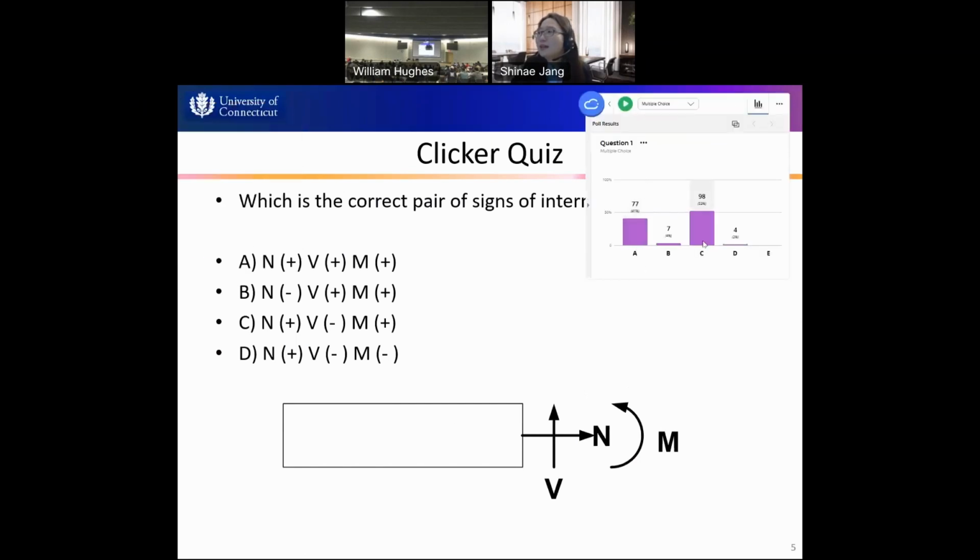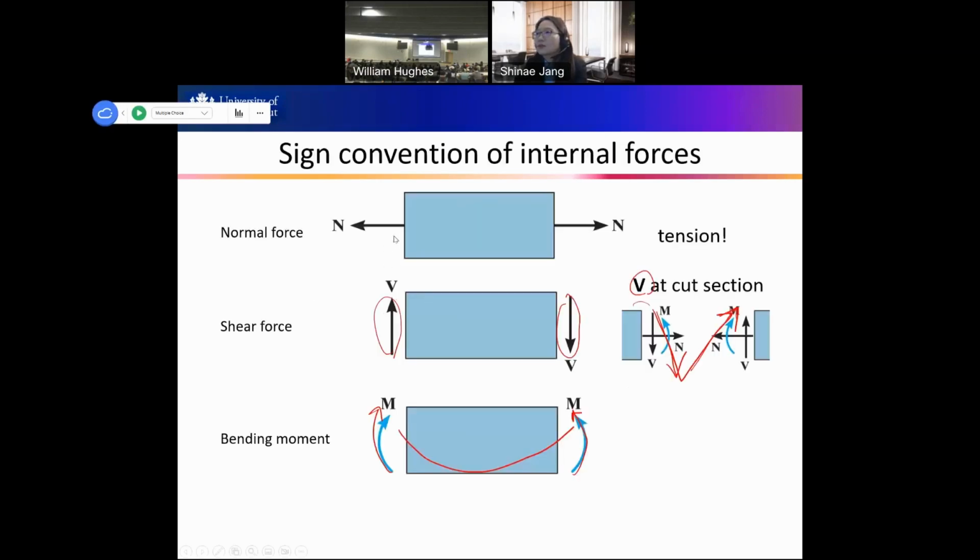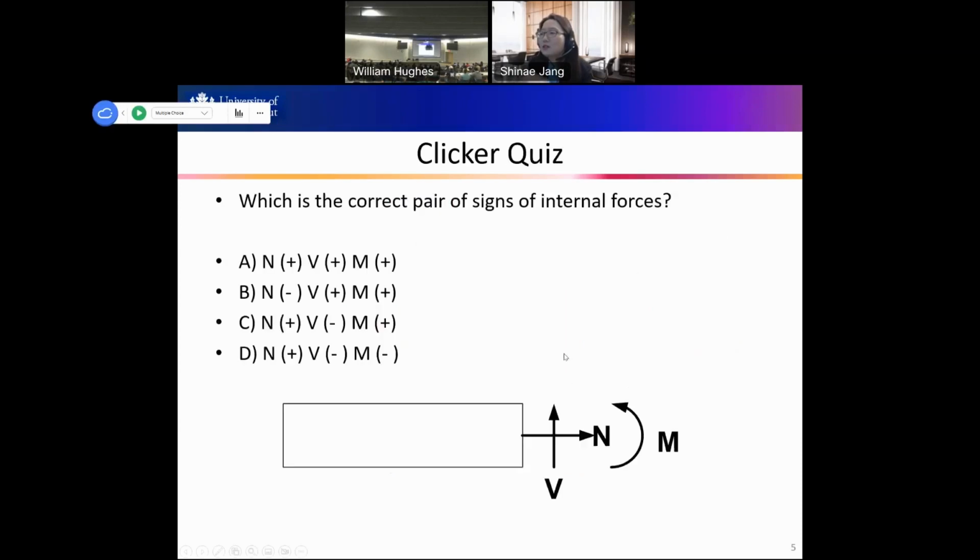We have A and C kind of divided, and a few B and D. Okay, so let's check the sign convention once more. Normal force, tension, shear force, V, and then bending moment like this. So is this tension?